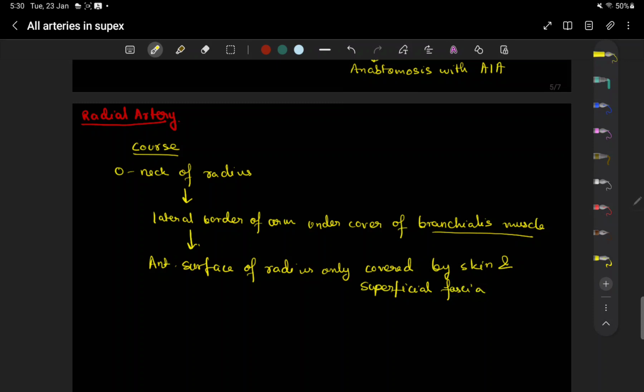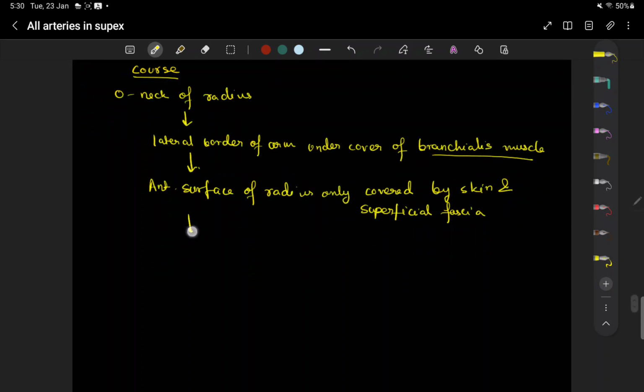So after that, it comes and lies in the anatomical snuffbox. And after entering the anatomical snuffbox, it lies in the dorsum of the hand.